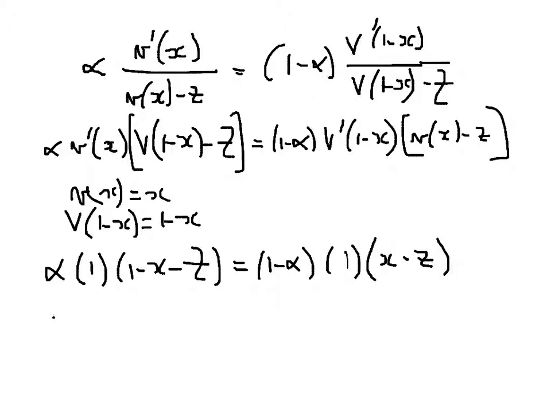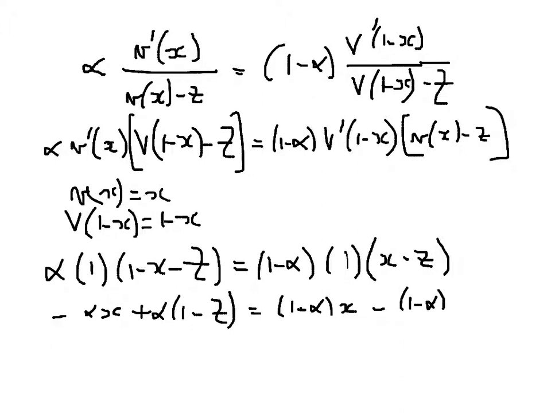So here I get negative alpha times x plus alpha times 1 minus z is equal to 1 minus alpha times x minus 1 minus alpha times z, which is equal to, let me further develop here, x minus alpha x minus 1 minus alpha z.